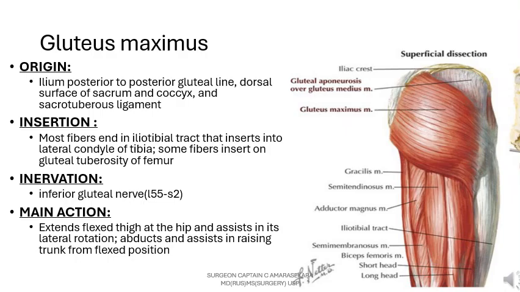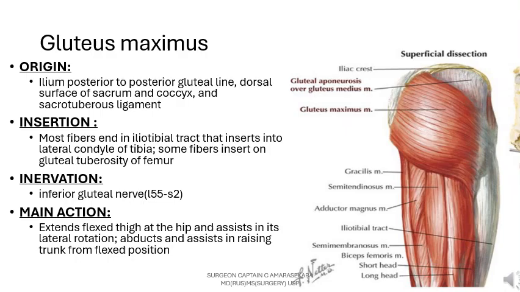The gluteus maximus originates from multiple points: the ilium posterior to the posterior gluteal line, the dorsal surface of the sacrum and coccyx, and the sacrotuberous ligament. These broad origins reflect its role in anchoring the posterior pelvis and contributing to hip extension.